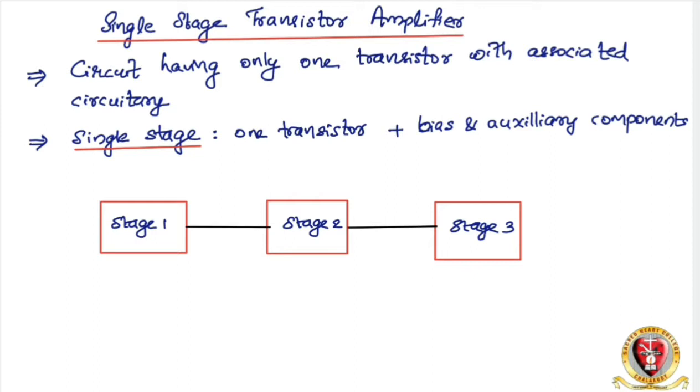But you can see that in practical amplifiers, a single stage amplifier will give only a small voltage gain. So to achieve large voltage amplification, we need to have more than one stage. That means a practical amplifier is always a multi-stage amplifier. Number of stages of amplification is more.